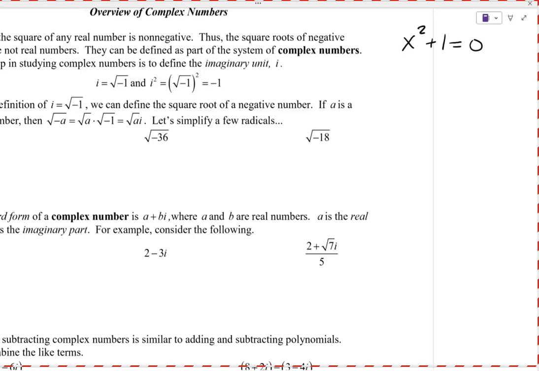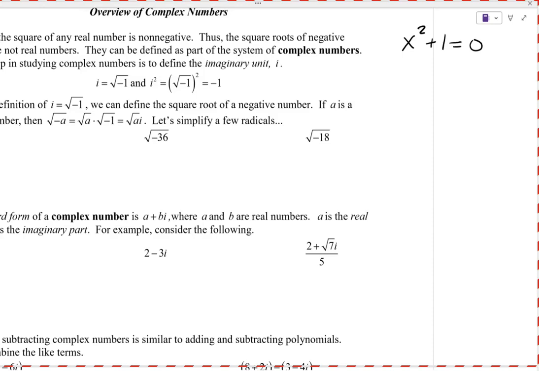Because again, if I put something in for x, it doesn't matter if it's positive or if it's negative. If I square it, if I multiply it by itself, it's always going to be positive, and then we add 1. Right? So it can never be 0.